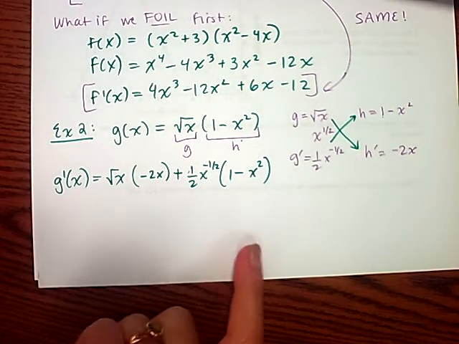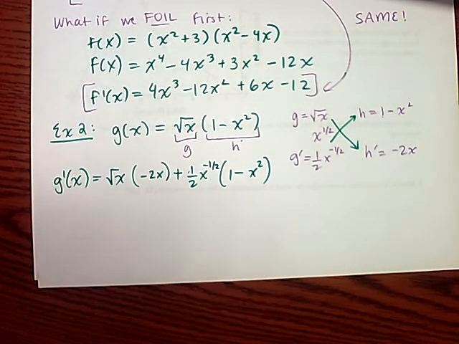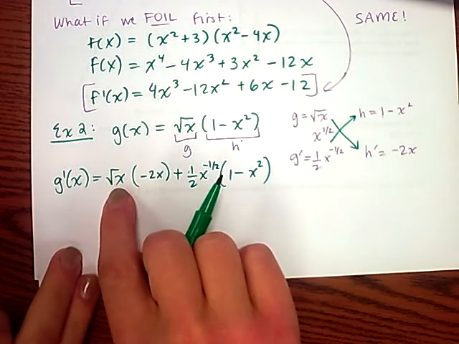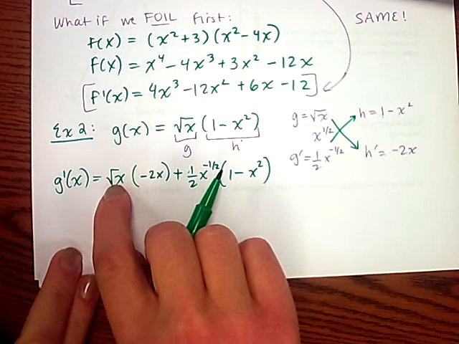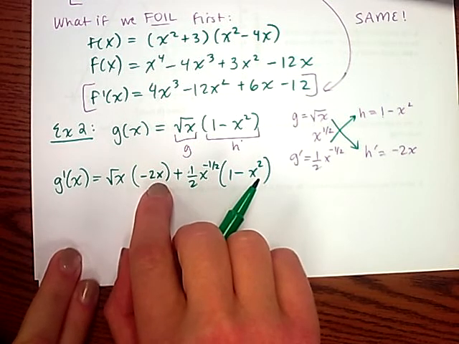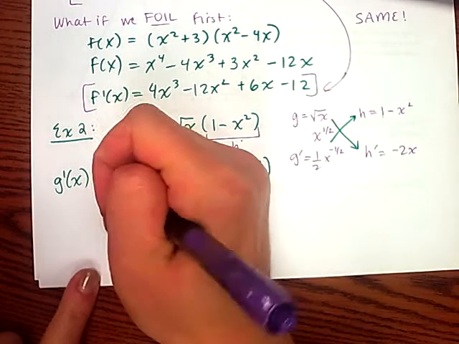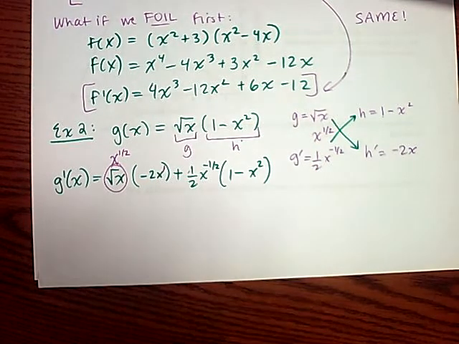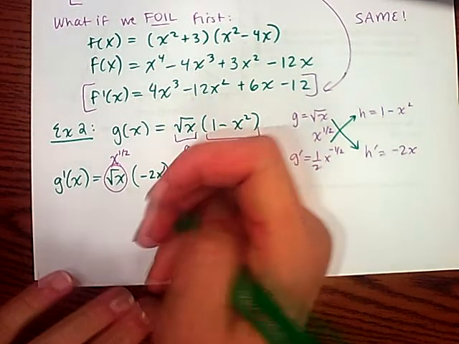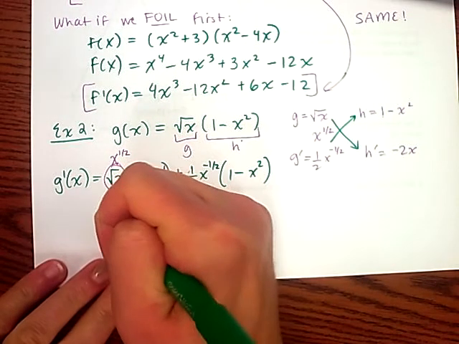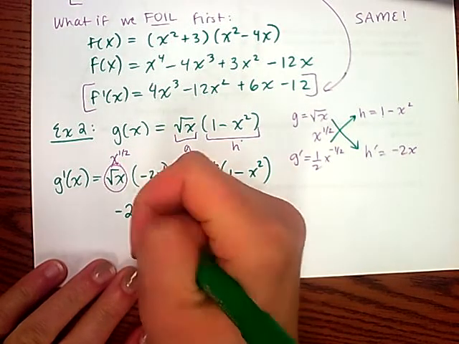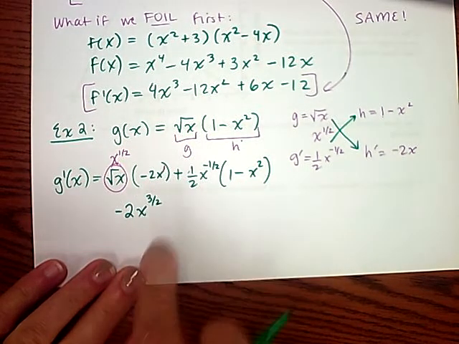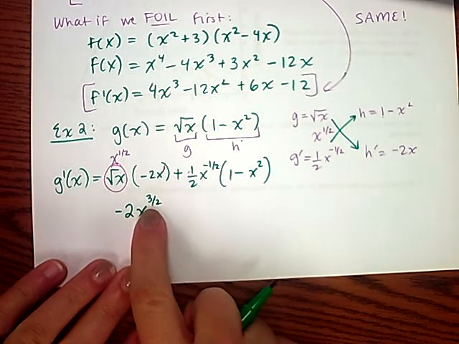Okay, and this kind of looks messy, but I still could think about simplifying this a little bit further. I could combine the square root of x with negative 2x to the first power, because I could think about this as x to the 1/2 and this as x to the first. So I can add those exponents together, and I would get negative 2x to the 3/2, because 1 plus 1/2 is 3/2.